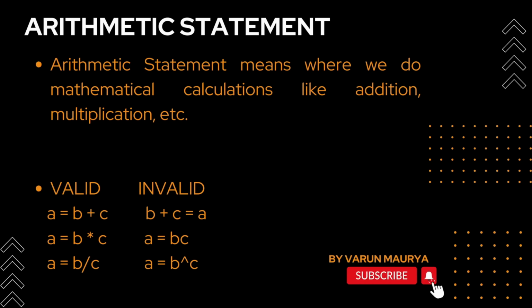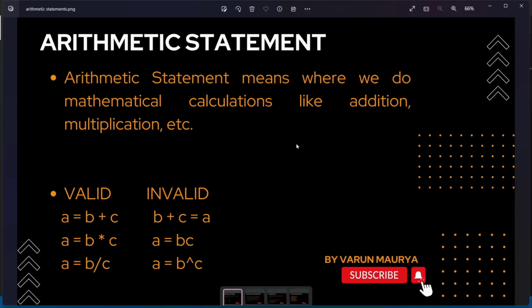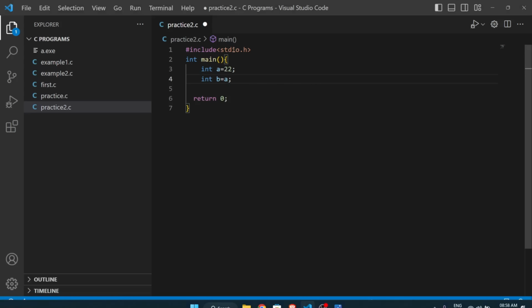Now our next topic is arithmetic statements. Arithmetic means where we do mathematical calculations like addition, multiplication, etc. In these types of statements, we use mathematics and its methods. To start coding in arithmetic statements, we first have to include our maths library in our code. For example, go to our code editor.